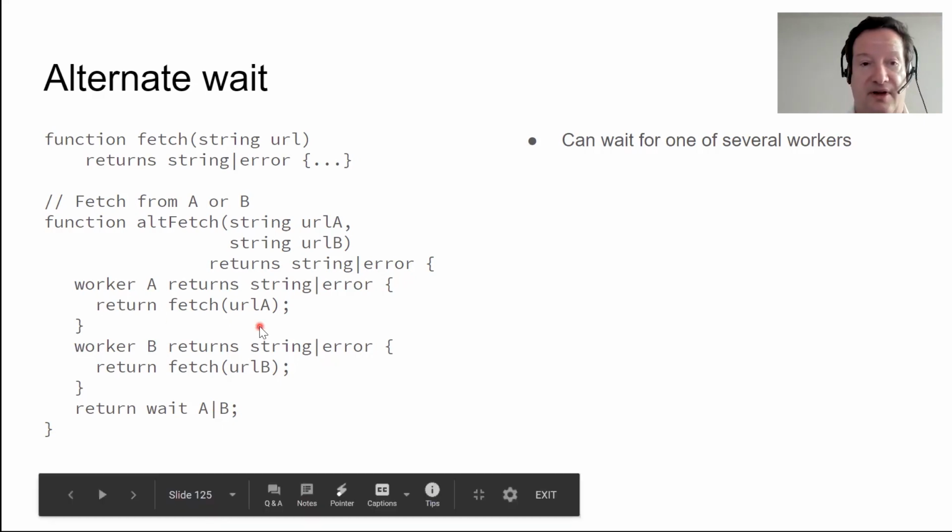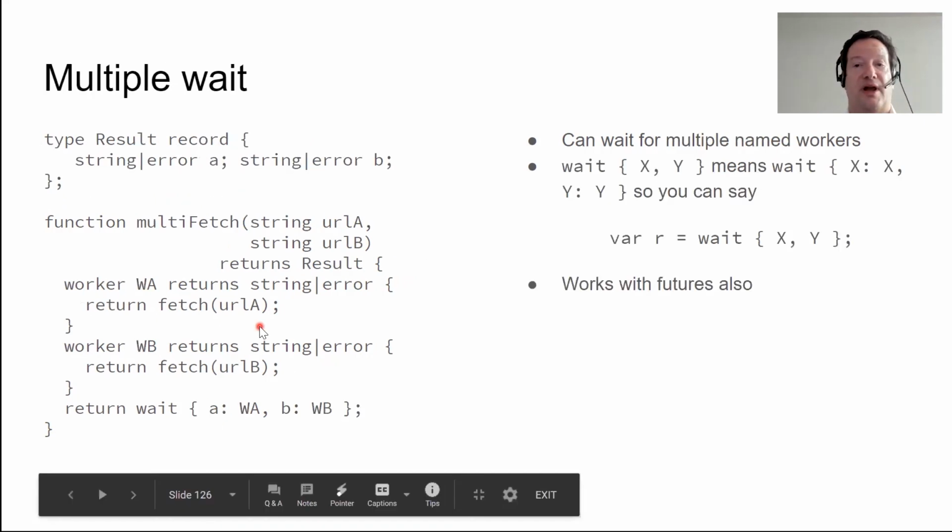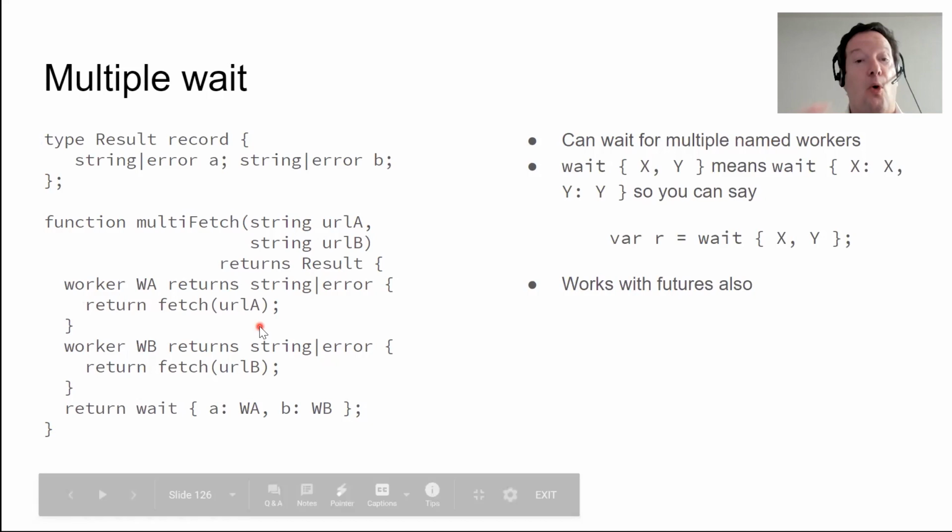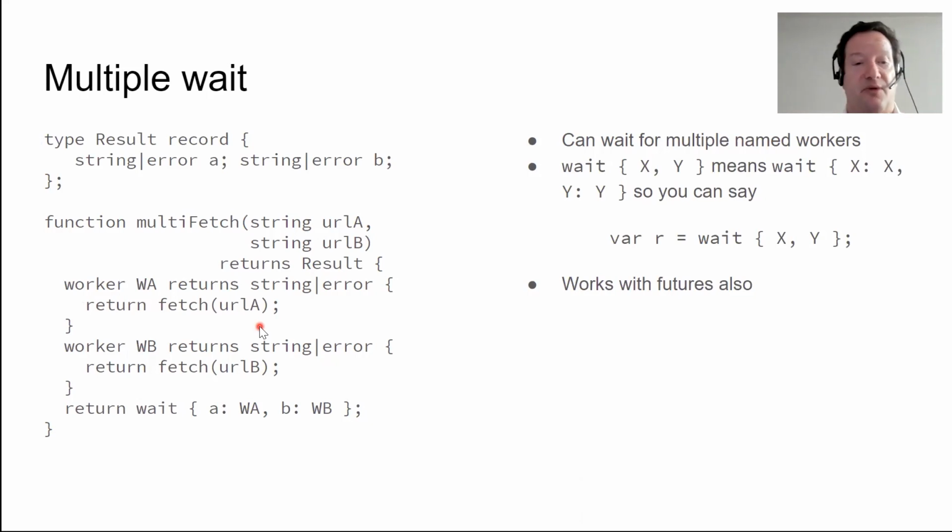We also have multiple wait, so you can wait for all. So this waits for one of a number of workers to complete. You're also able to wait for all of a number of workers to complete. So here we have a record that represents two results, each of which can be a string or an error.